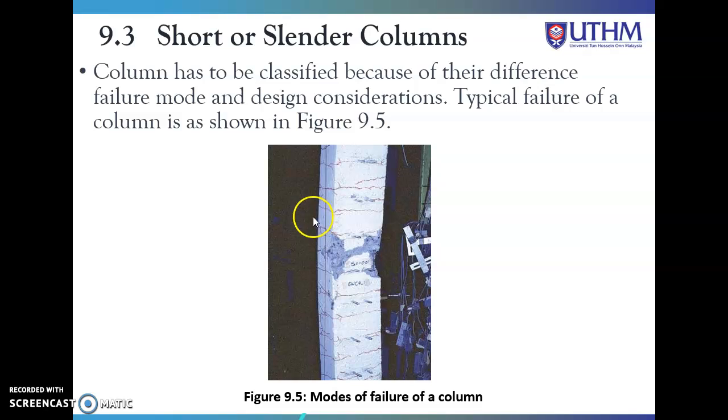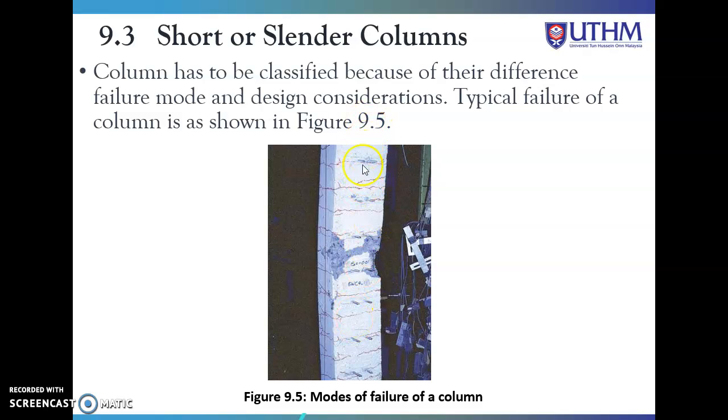Columns have to be classified because of their different failure modes and design considerations. The typical failure of the column is like this. Maksudnya kita akan nampak failnya dekat column itu normally mode dia lebih kurang macam ni lah. Akan ada crack due to the compression.